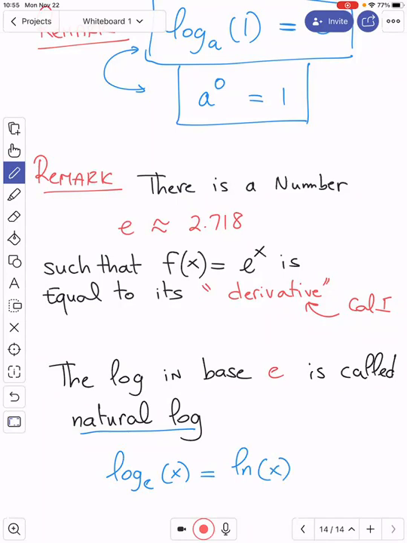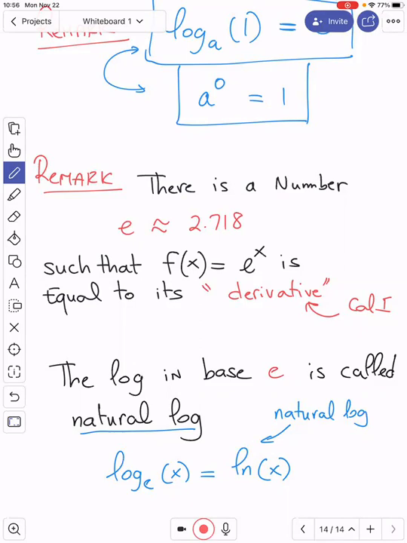So this is ln, natural log. This is the most common log. It's very, very useful. That's what I call the natural log, the log in base e. All right.